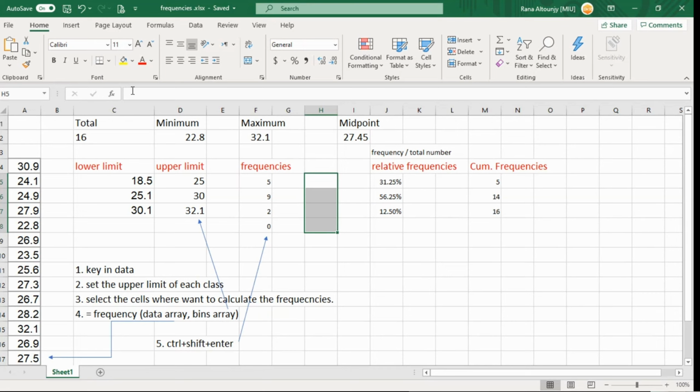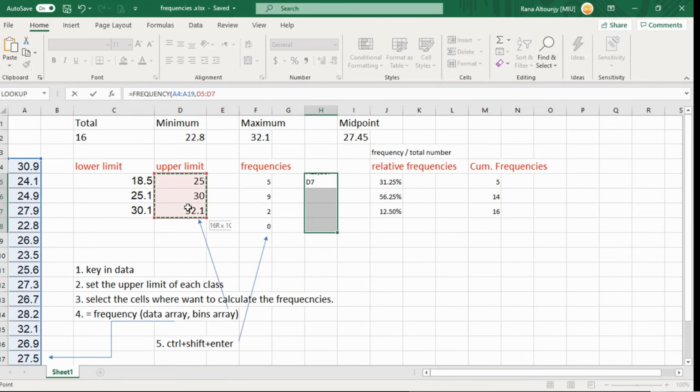You go to the function tab here. You put equal, FRE, and you will find FREQUENCY. Double click. Select the data, then comma, select the upper limits. You see, we put equal, frequency, we select the set of data, then we put a comma, we select the upper limits.